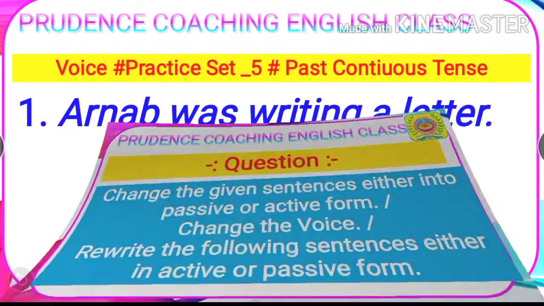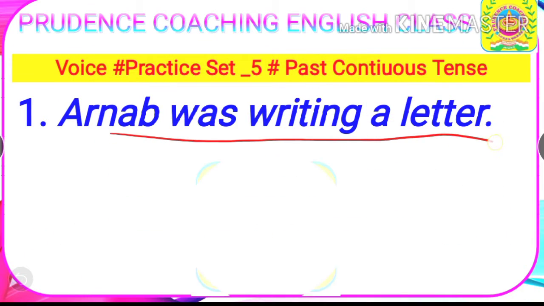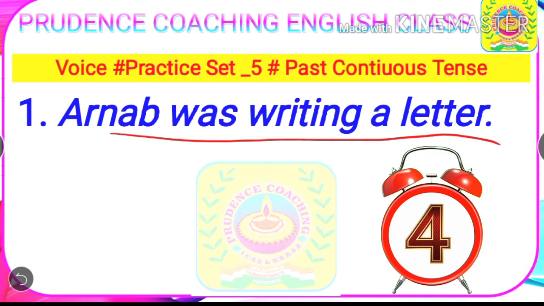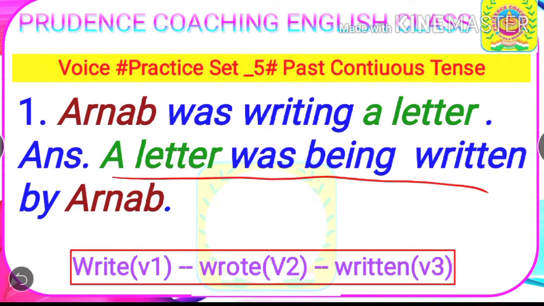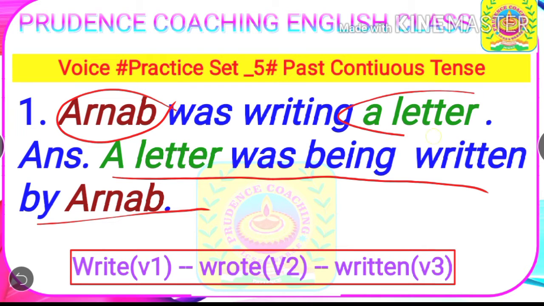Our first question is number 1. Arnab was writing a letter. Your time starts now. Your time ends. Now your final answer is: a letter was being written by Arnab. As you know, in voice change, subject and object are swapped. So a letter will be in the beginning and by Arnab will be used at the last.